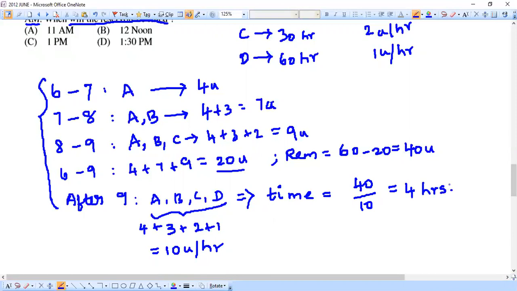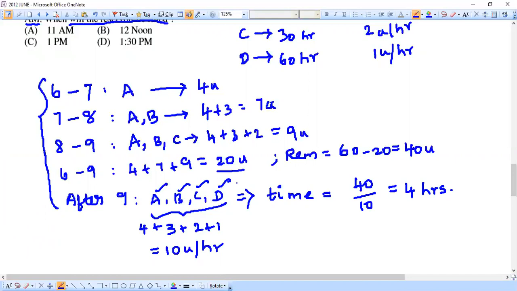Do you understand this? I can explain it in very simple terms. After 9, I have four pipes, and all 4 pipes are working, A, B, C, D. I know A alone can fill 4 units in 1 hour, B alone can fill 3 units in 1 hour, C alone 2 units and D alone 1 unit in 1 hour.